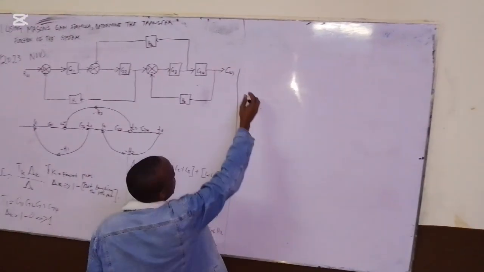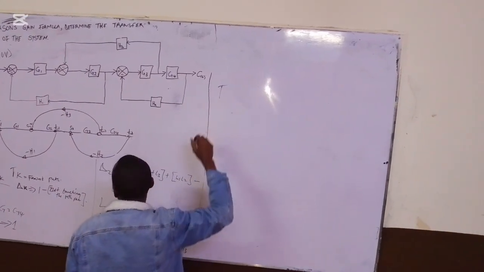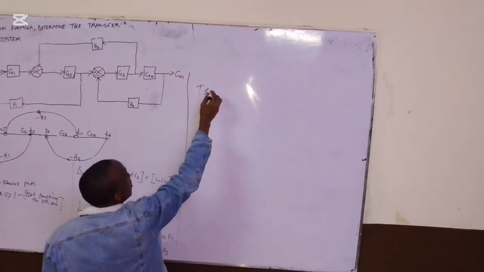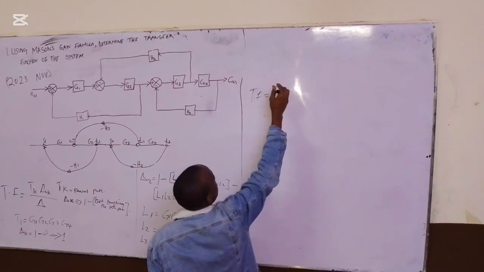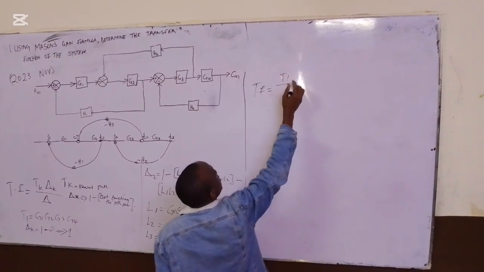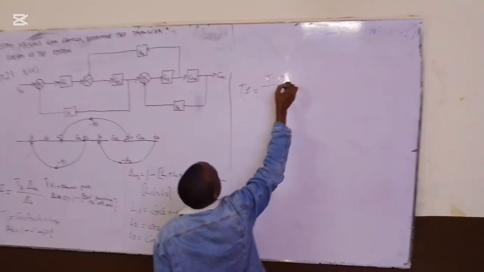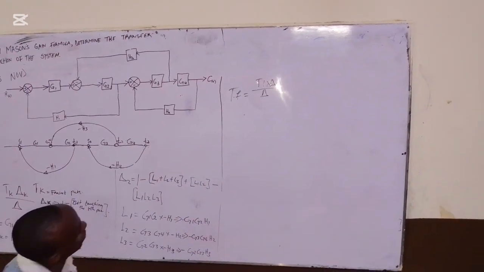In our transfer function, we have Tk, which is T1, times delta k, divided by the delta in the denominator.